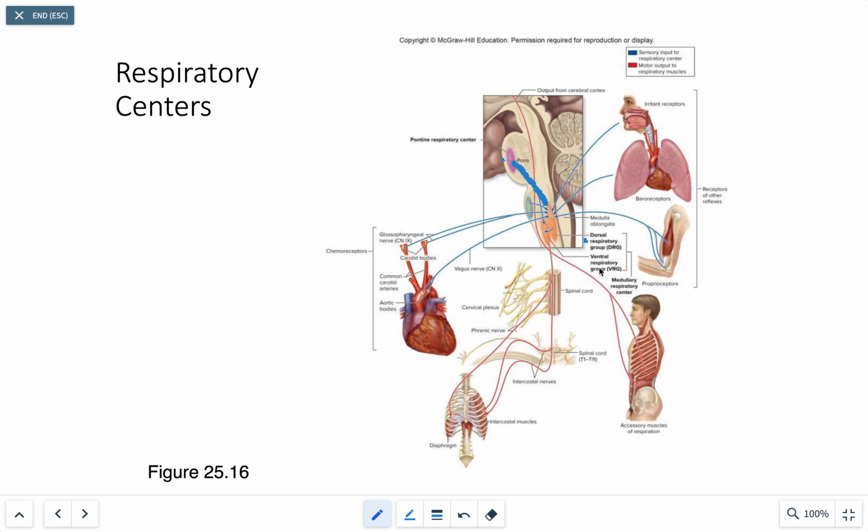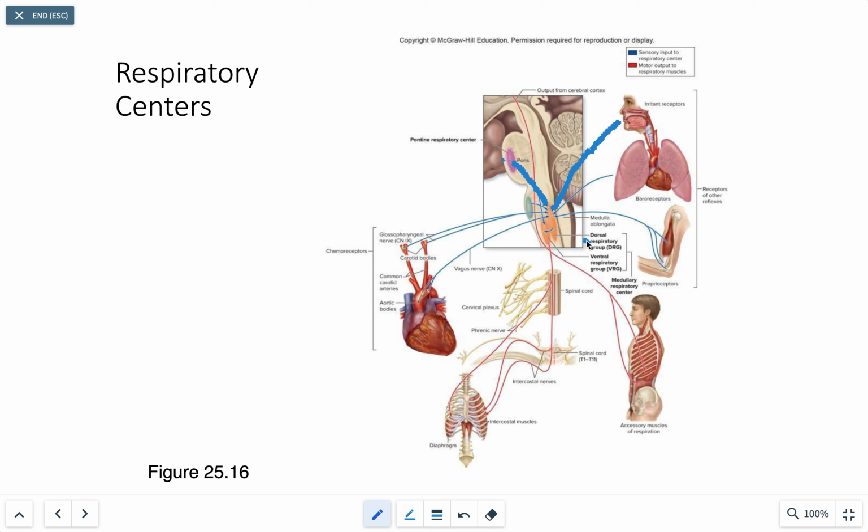When we continue to explore the dorsal respiratory group, some of the things that can trigger the medulla is going to be an irritant receptor. So irritant receptor is usually located in the nasal cavity, again, is going to terminate at the dorsal respiratory group.